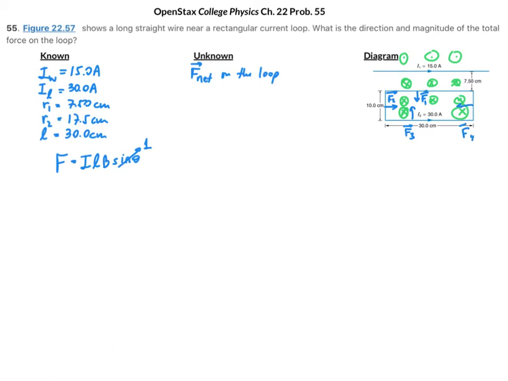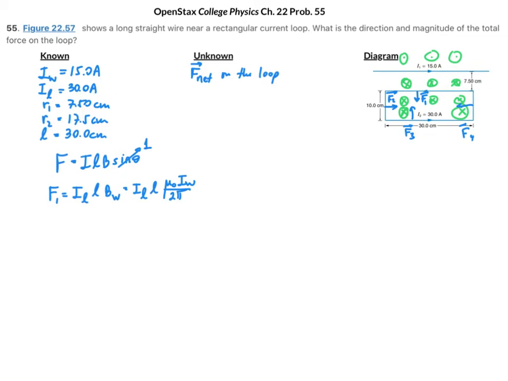All right, so let's take them one at a time. F1 is going to be the current in the loop times the length of the loop times the magnetic field due to the wire. So that is I_L times L times B. The magnetic field due to the wire is mu naught times the current in the wire, divided by 2 pi times the distance from the wire to this part of the loop, and that is 7.5 centimeters.